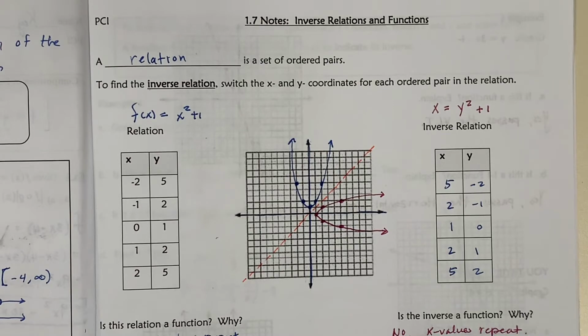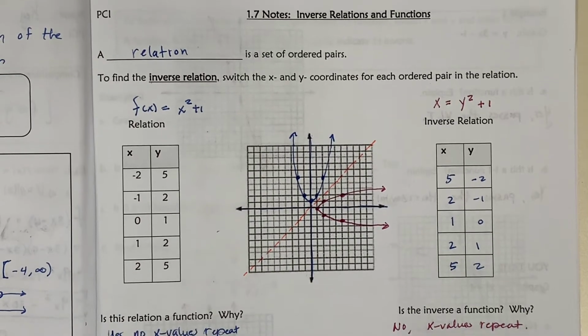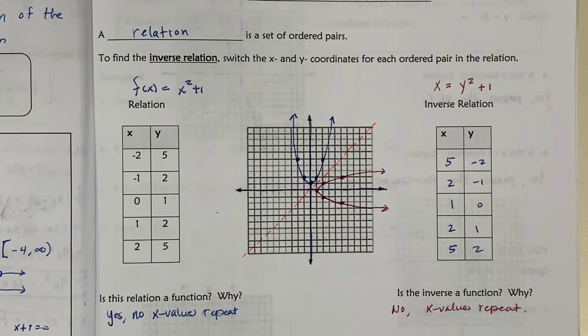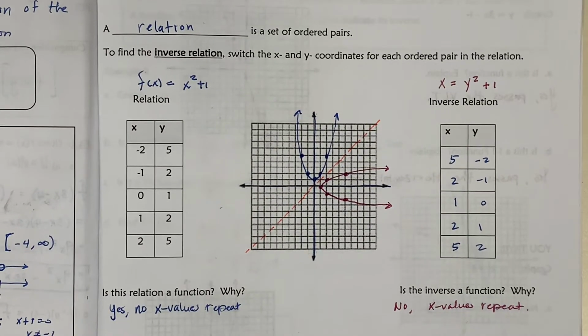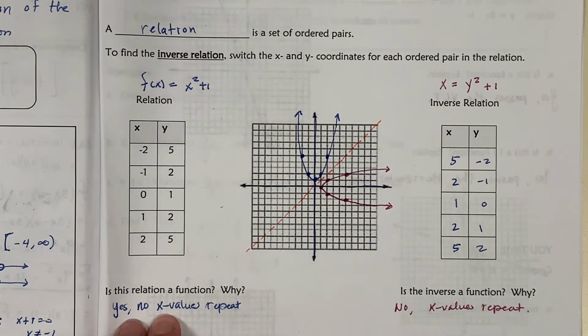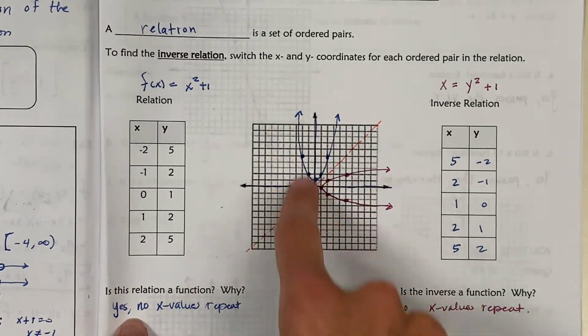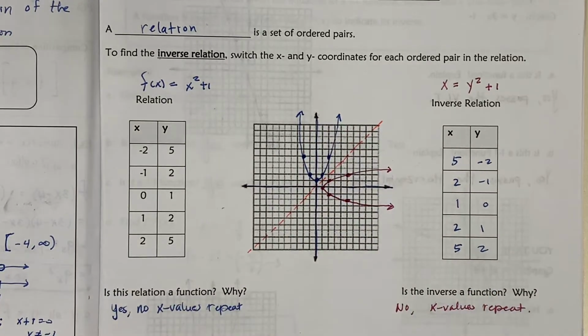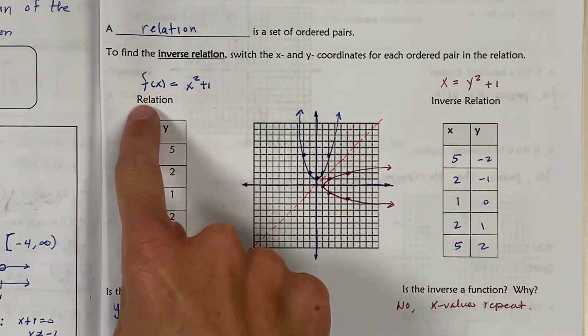When we have the graphs of relations and their inverses, we're going to focus on whether the original function and the inverse are functions. So, is this relation a function? This was the original quadratic, and yes, it is, because it passes the vertical line test based on the graph.